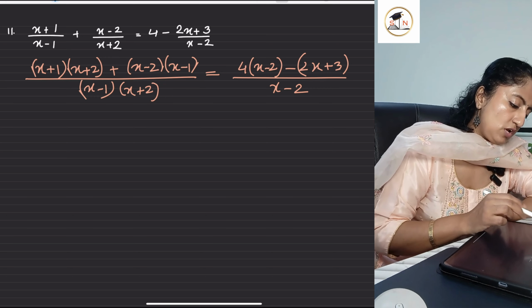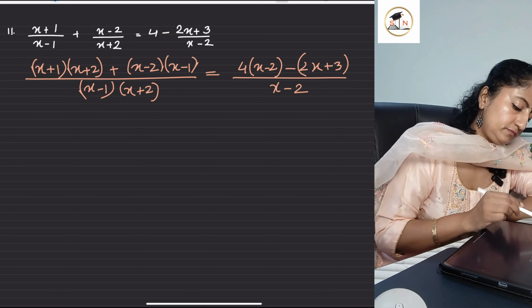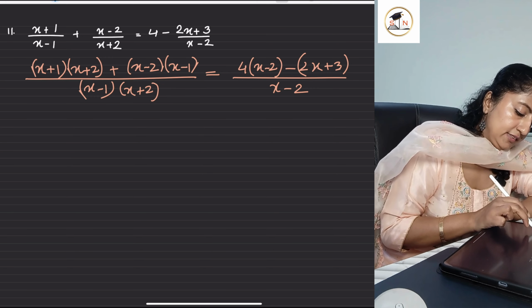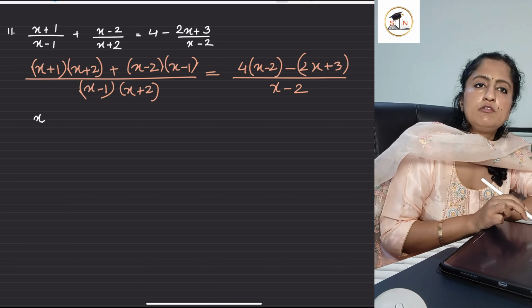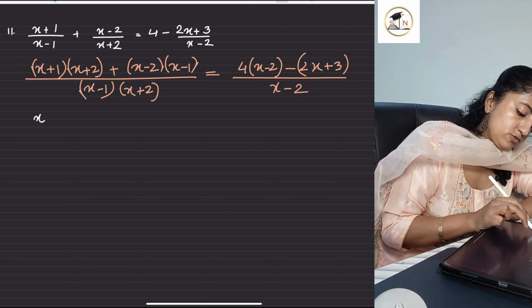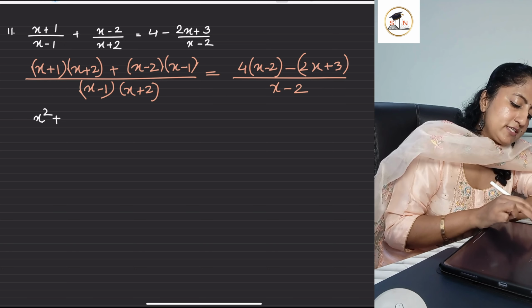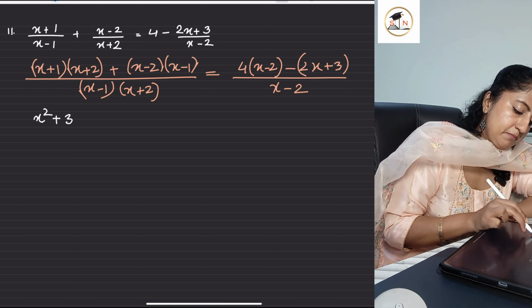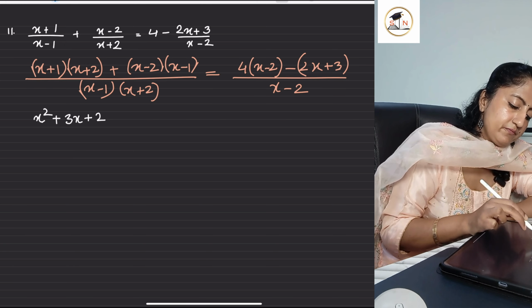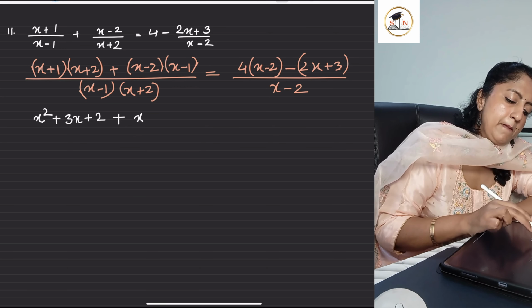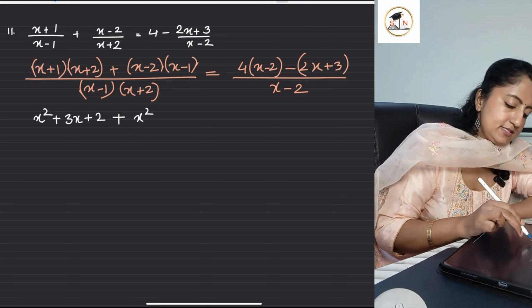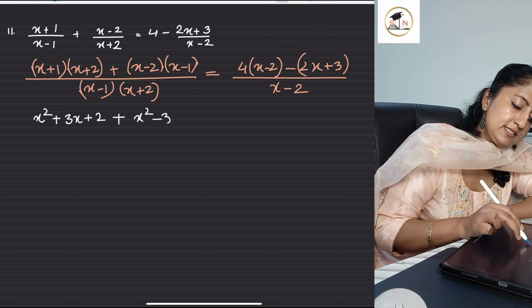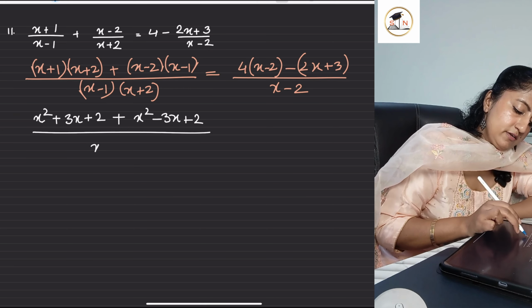Okay. So now we will open up the brackets. Do it carefully. These kinds of questions do involve patience. x square plus 2x plus x, that is 3x plus 2. Then x square minus x minus 2x, that is minus 3x plus 2, over x square.